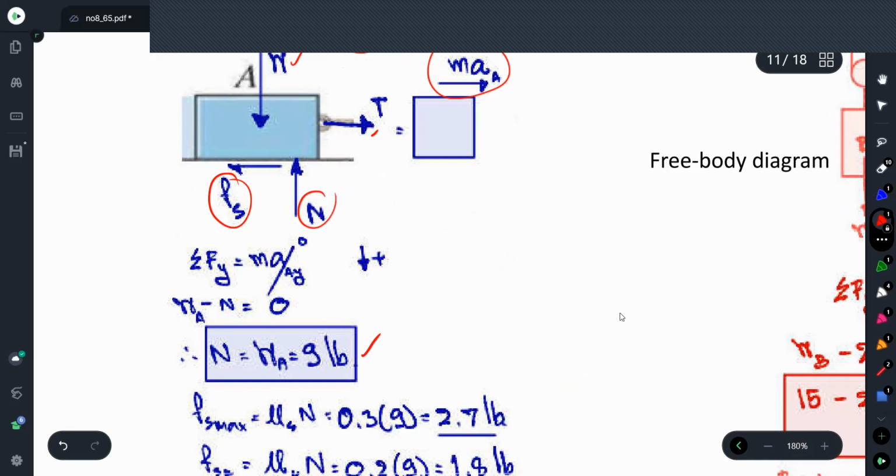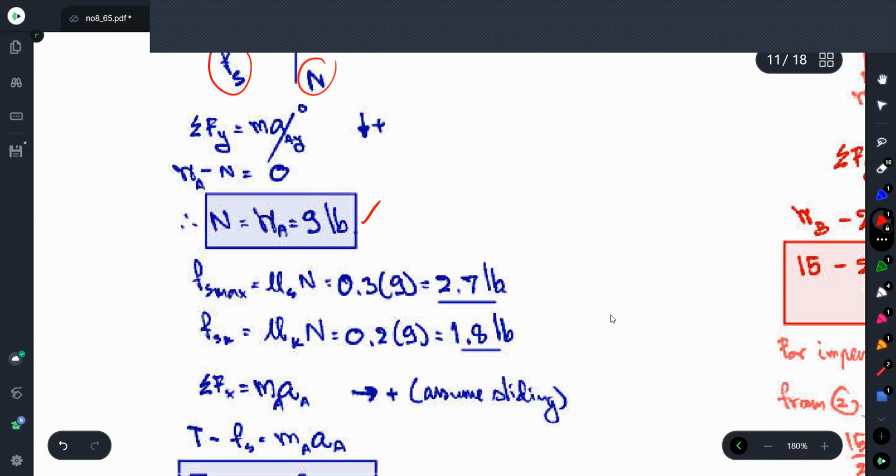And now we check the maximum static friction and the kinetic friction. If the normal force is 9, we have the maximum static friction of 2.7 pounds, and the kinetic friction is equal to 1.8 pounds.